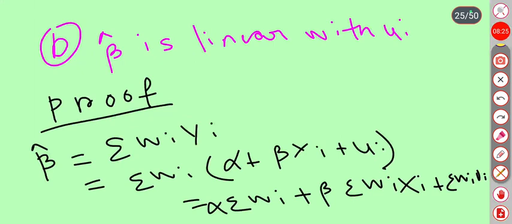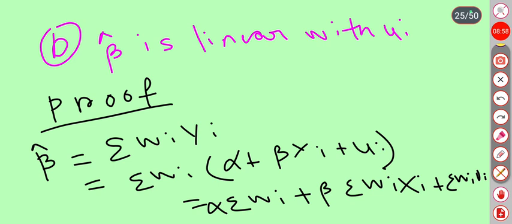And second, beta hat is linear in ui. So similarly beta hat is equal to summation wi yi, here wi, and putting the value of yi, that is capital Yi, so yi equal to alpha plus beta xi plus ui, multiply all these terms with summation wi. So we are getting alpha into summation wi plus beta into summation wi xi plus summation wi ui.